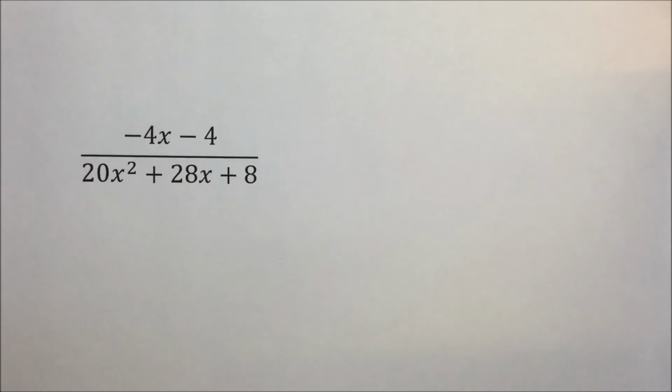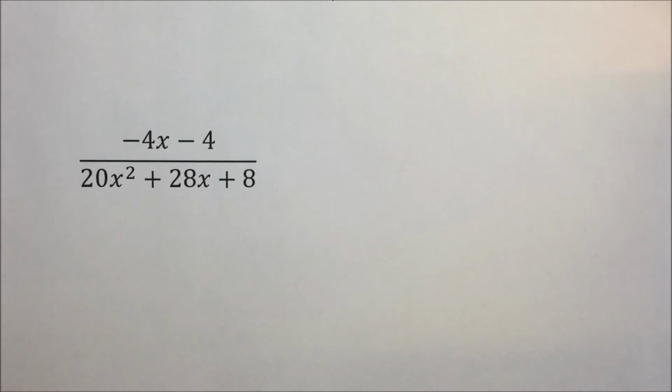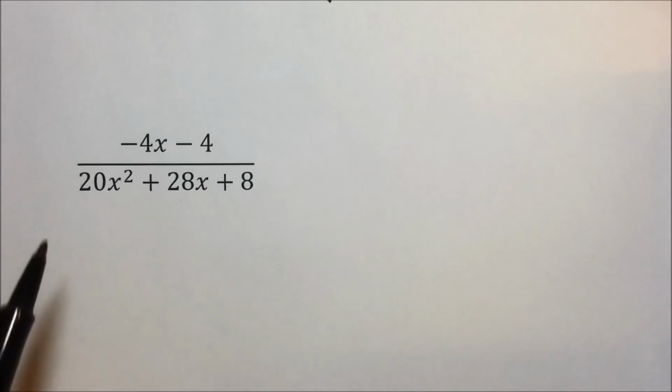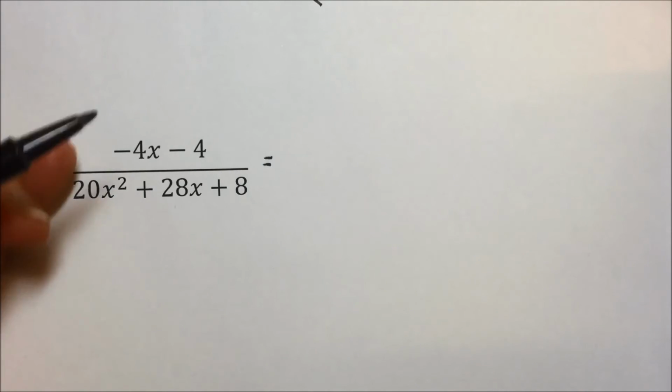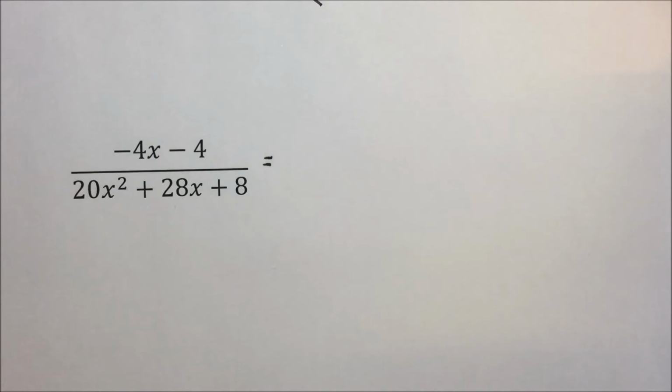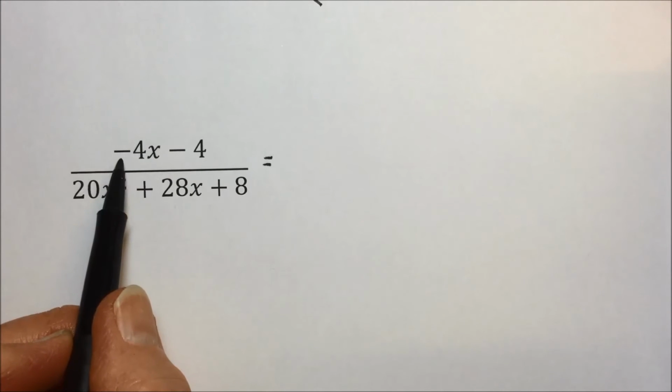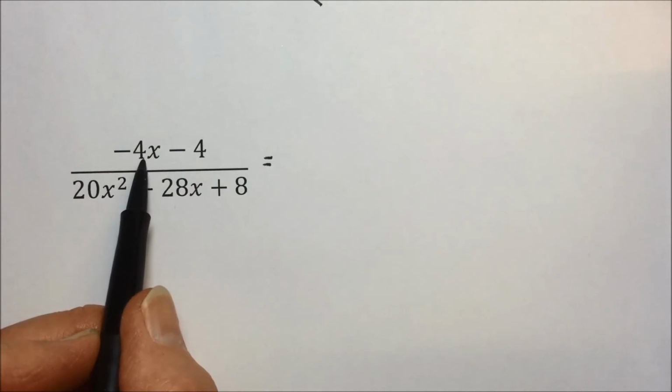This last example, they're asking us to simplify or reduce this. Again, we start with factoring the numerator. Do not look up and down for common factors yet. We don't have factors. So between the two terms, there is a 4.